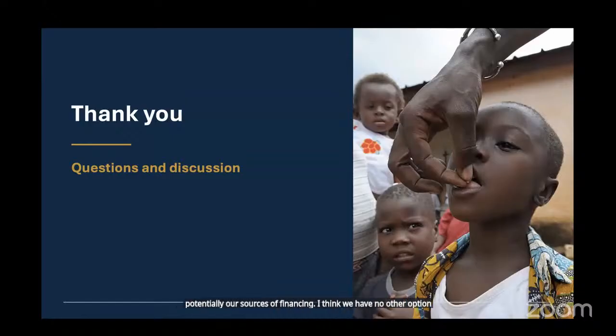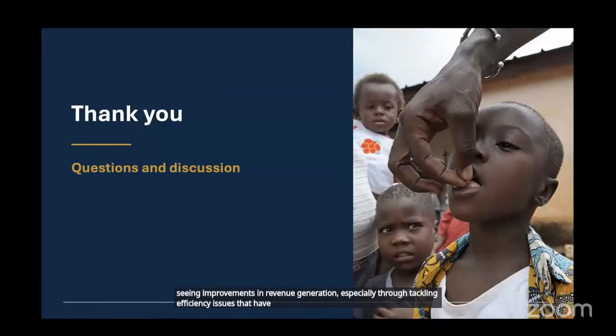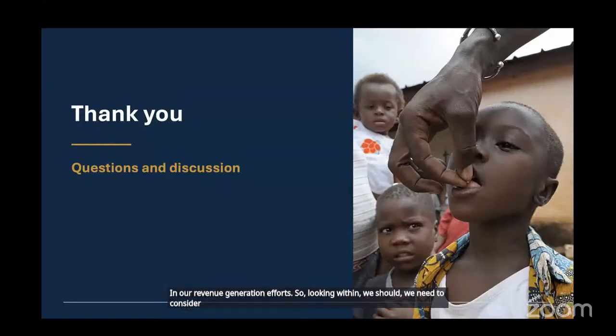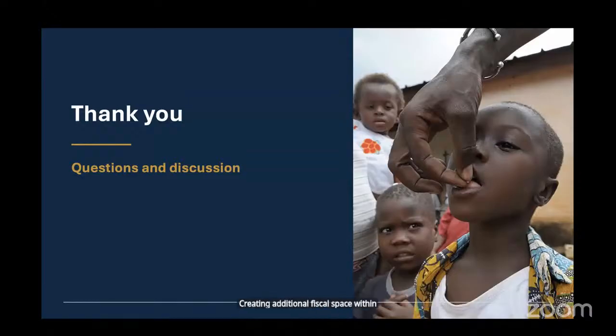There are a couple of revenue generation options, and I think currently we are seeing improvements in revenue generation, especially through tackling efficiency issues that have persisted in our revenue generation efforts. So looking within, we need to consider improving efficiency and creating additional fiscal space within existing votes and budgets.